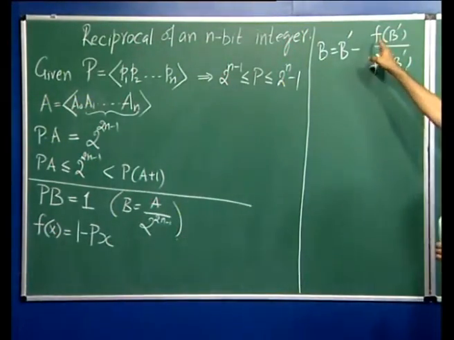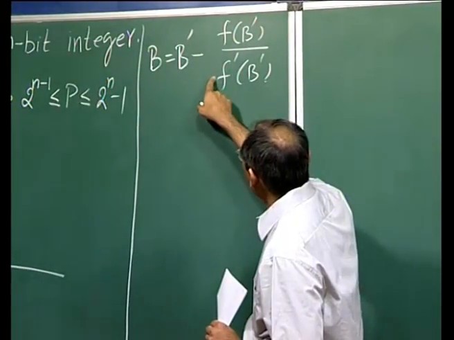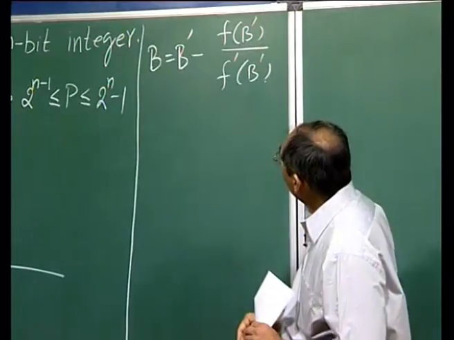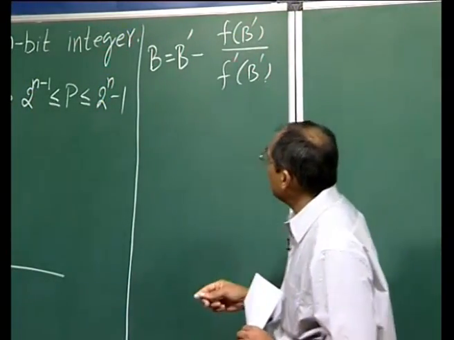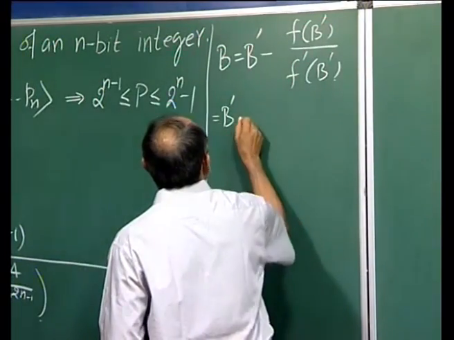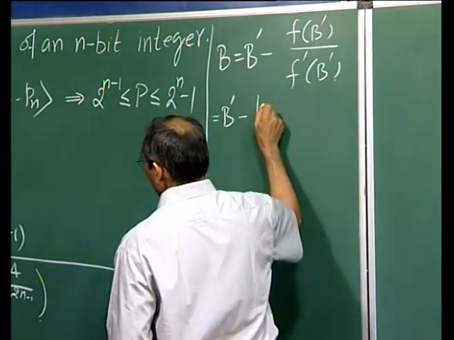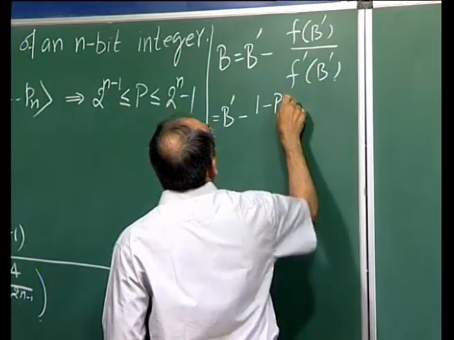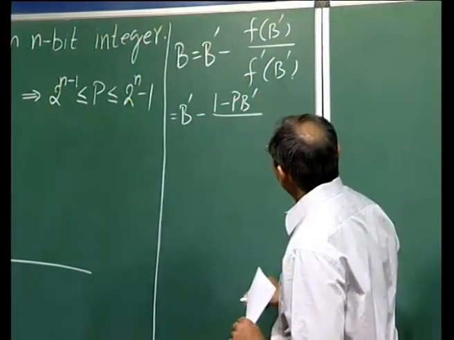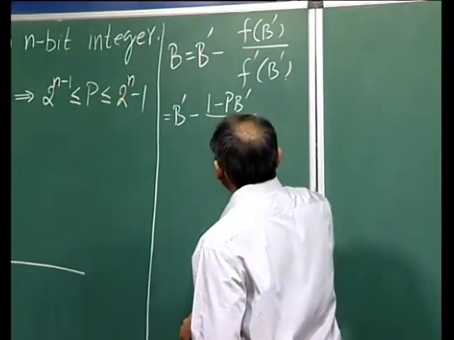We are just taking f x divided by f prime x, and then we are computing at b prime. So let us just take a look at this. This turns out to be b prime minus 1 minus p b prime, that is our function f at b prime, and its derivative is minus p.